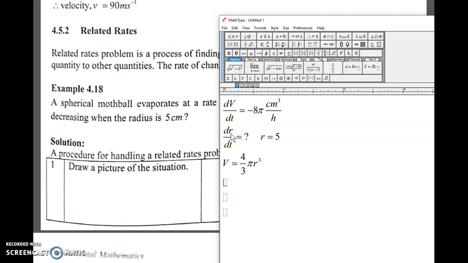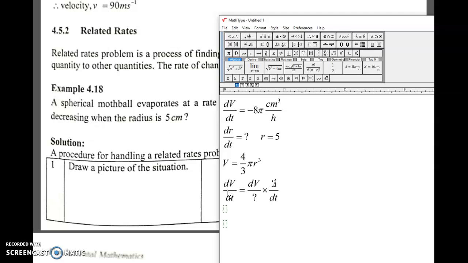Now let's try to really make sense of it. We want to know how to look for dr/dt. Based on the chain rule, we know that if we multiply two derivatives in this form, dV over something times something over dt, you will be able to get dV over dt.